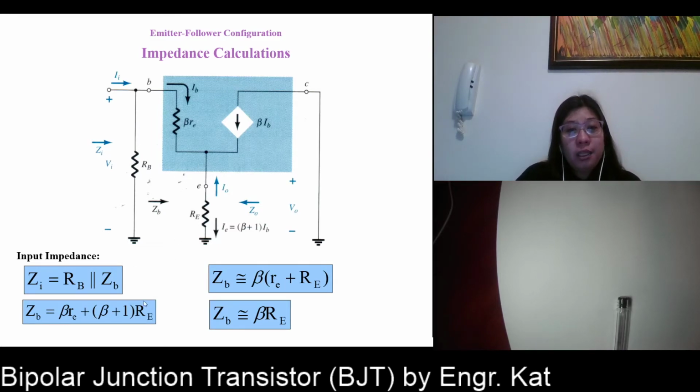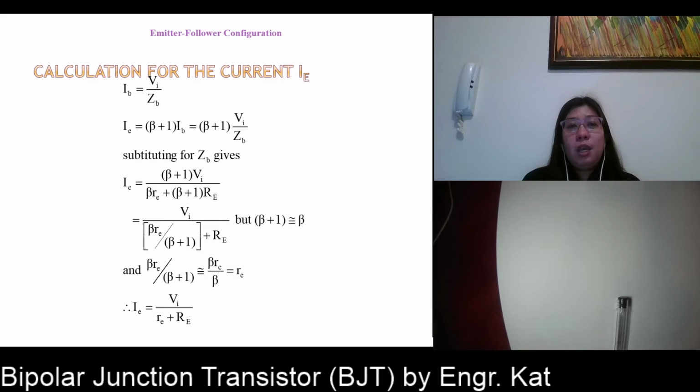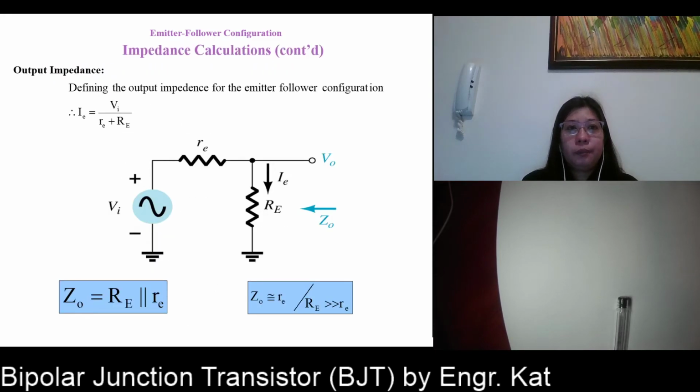Your ZB is approximately equal to beta RE, and then your ZI is equal to RB parallel your ZB. Okay, for the output impedance, your ZO is RE parallel your smaller letter re. So ZO is approximately re.